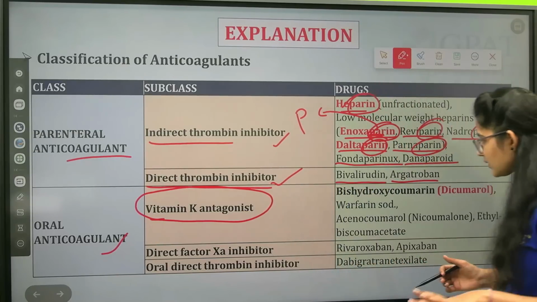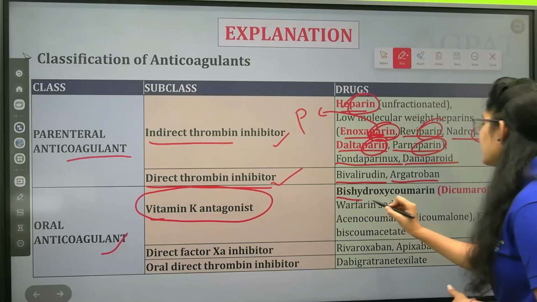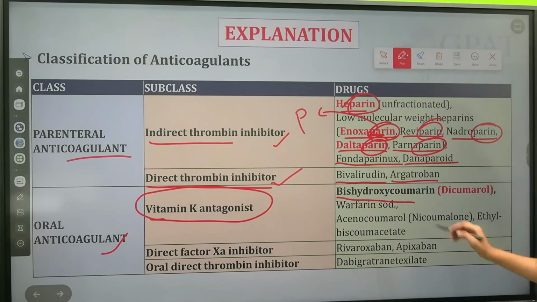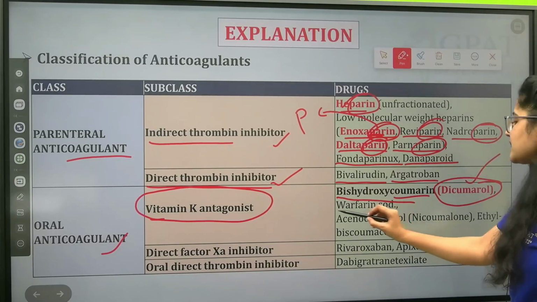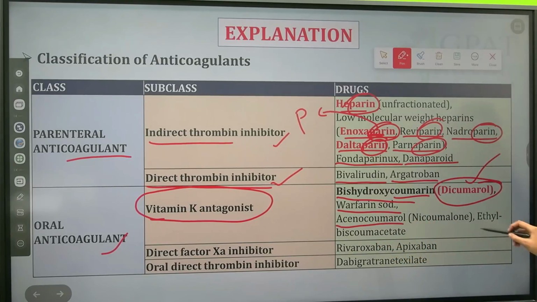Clear? So next, the correct examples are bis-hydroxycoumarin, also known as dicumarol, and this was our correct answer. Next is warfarin. Next is acenocoumarol, ethyl biscoumacetate.